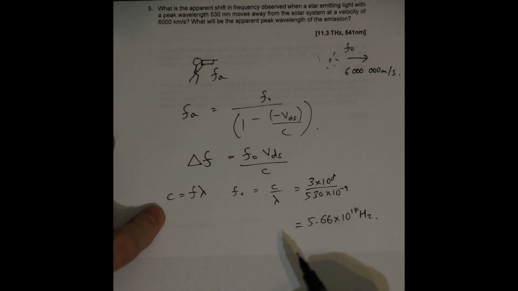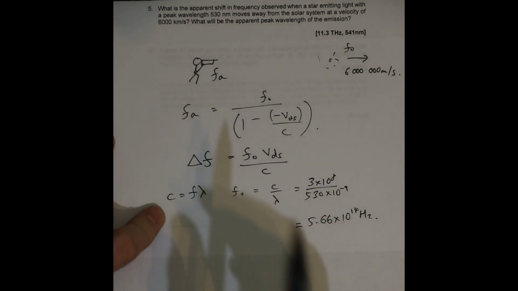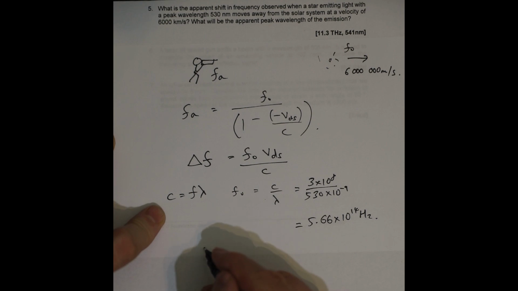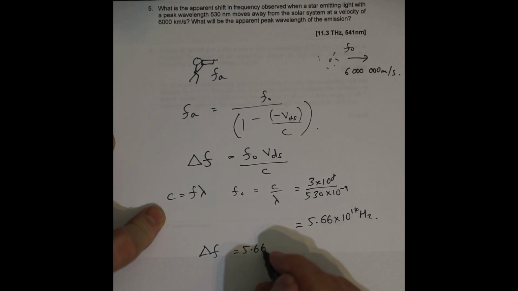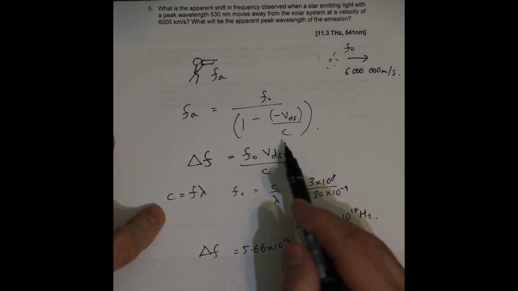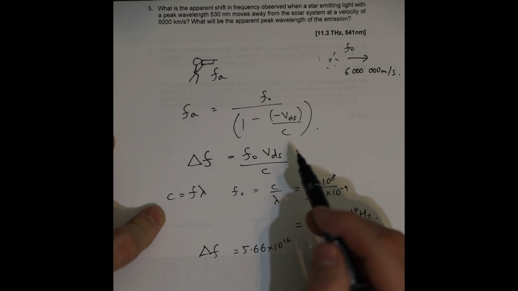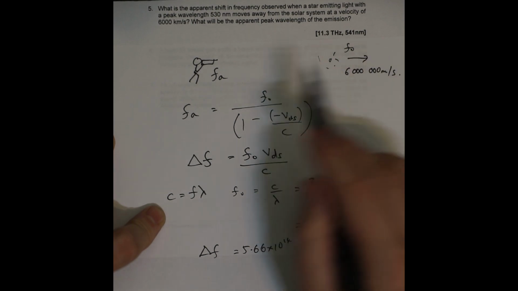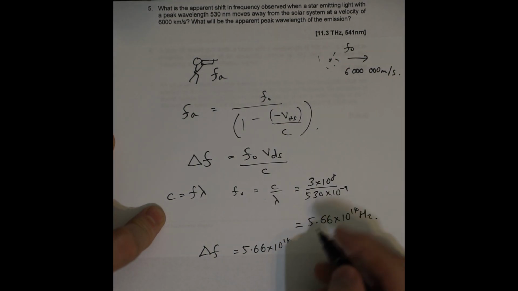So now we can substitute that value into our equation and add the other bits too. Now delta f is equal to 5.66 times 10 to the 14 multiplied by our relative velocity between detector and source. This is this value here, but remember it's moving away from us, so this is going to be negative as well.